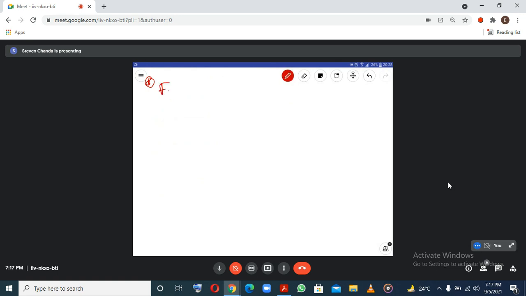We said average force is change in momentum over change in time. If you want, you can cross multiply and say average force times time is the change in what?